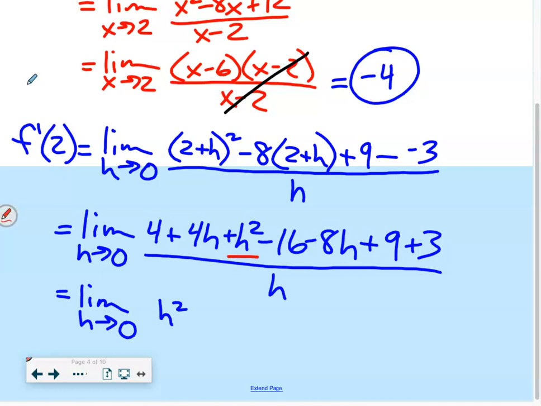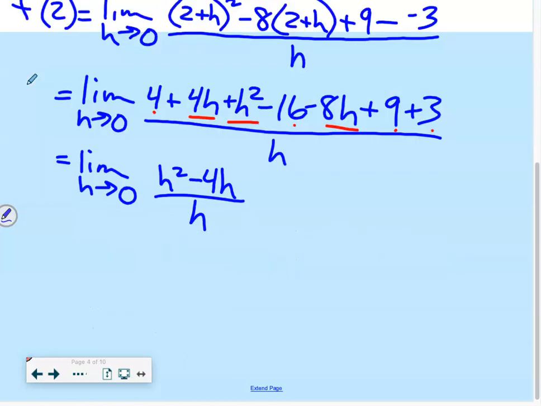So h squared, done. All right, 4h minus 8h is -4h, right? Okay, goodbye, goodbye. 4 minus 16 is -12, plus 9 is -3, plus 3 is 0. Numbers are gone. All right, over h. Is that okay? Yeah? All right, good.